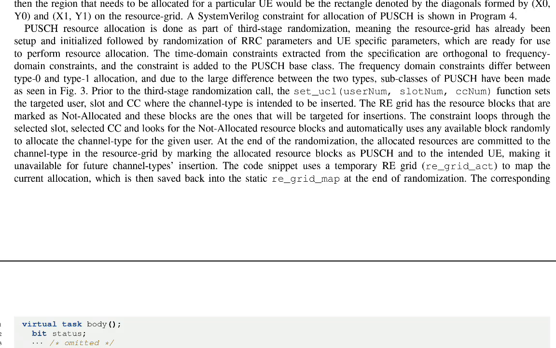At the end of the randomization, the allocated resources are committed to the channel type in the resource grid by marking the allocated resource blocks as PUSCH and assigning them to the intended UE, making it available for future channel type insertion. The code snippet uses a temporary array grid, array_grid_act, to map the current allocation, which is then saved back into the static array_grid_map at the end of the randomization.